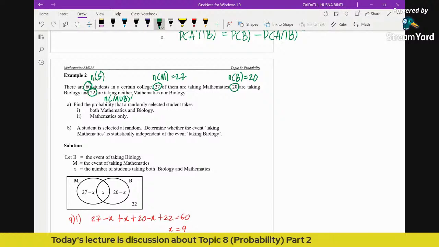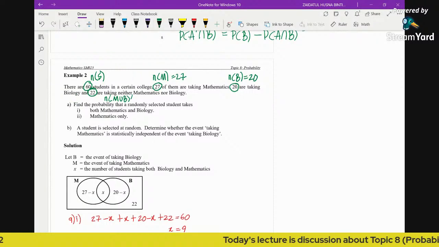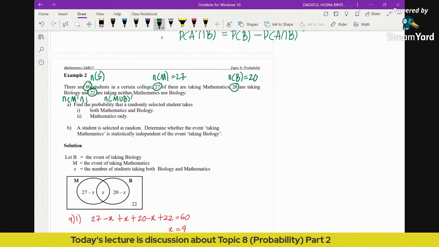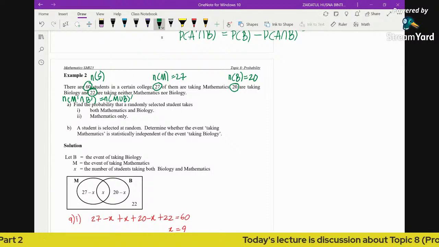How do we express 22? Not maths and not bio, so we can use De Morgan's rule: we take out the prime and the intersection changes to union. So this is 22.